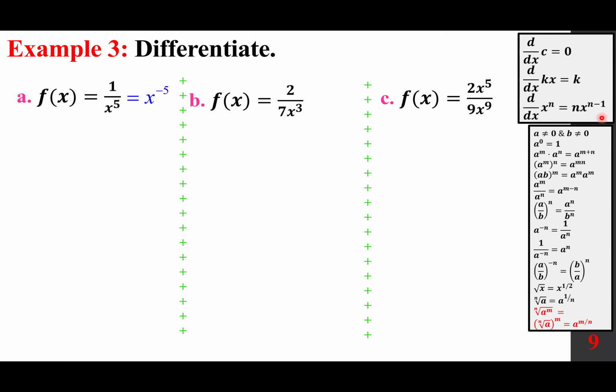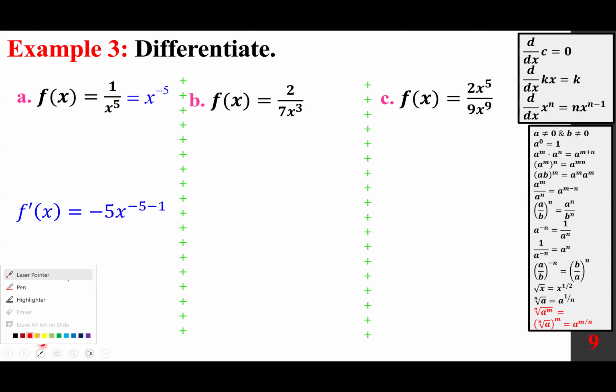And according to the power rule, this would be -5 x to the power of -5 minus 1. This is -6. So f prime is -5 over x to the power of 6.